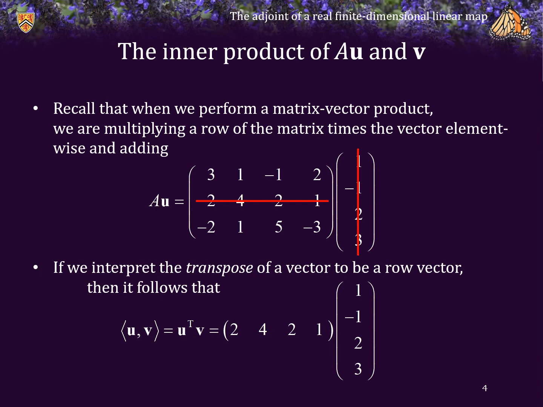We haven't really used the term column vector in this course anyway. Vectors are vectors. However, notice how the multiplication is the same as we did above with matrix vector multiplication. So again, 2 times 1 minus 4 times 1 plus 2 times 2 plus 1 times 3.